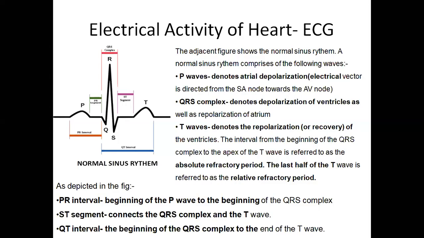Now this ventricular depolarization causes the atrial repolarization. That means the atria got back to the resting potential. Now this T wave denotes the repolarization of the ventricles.